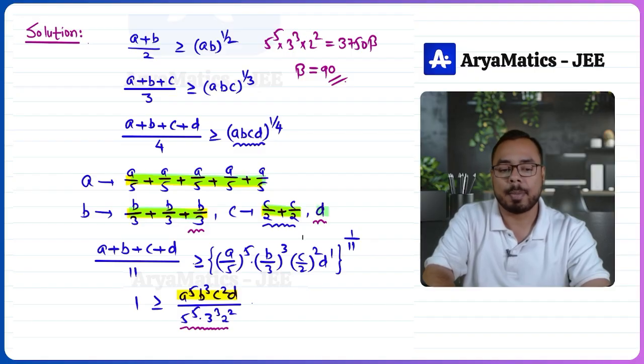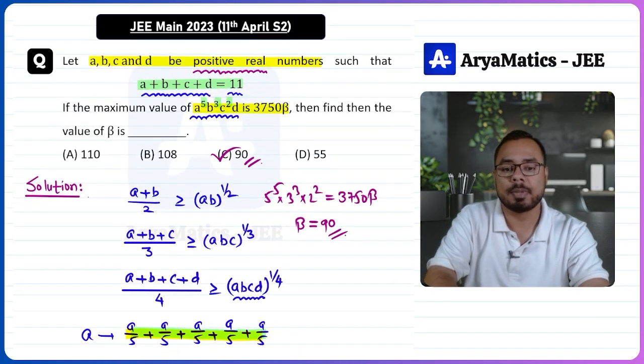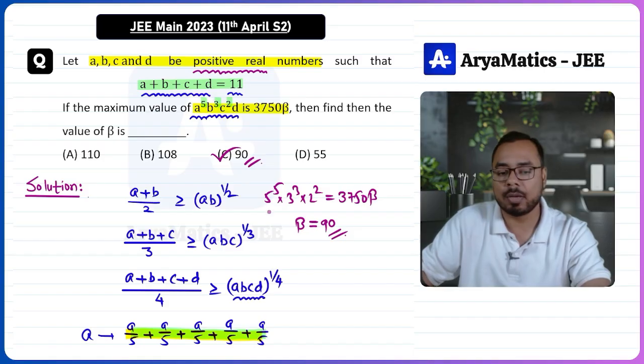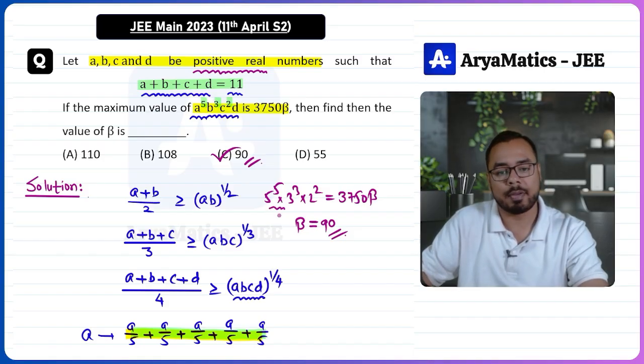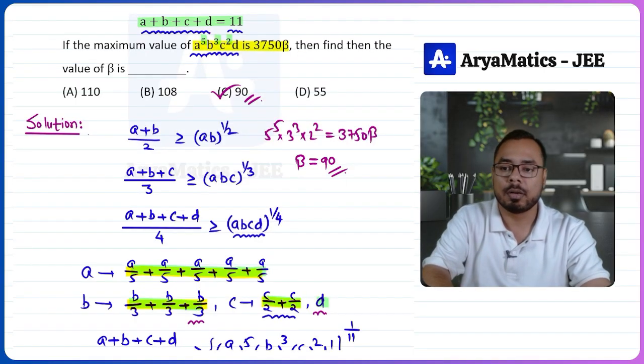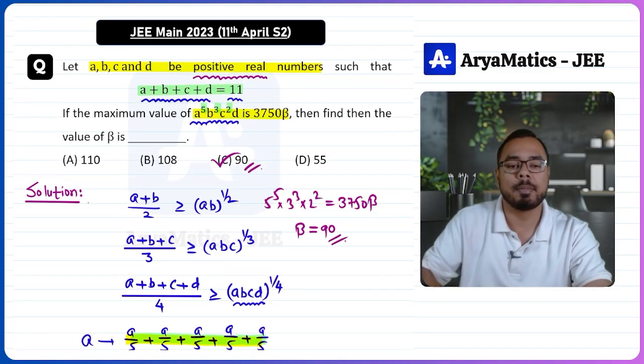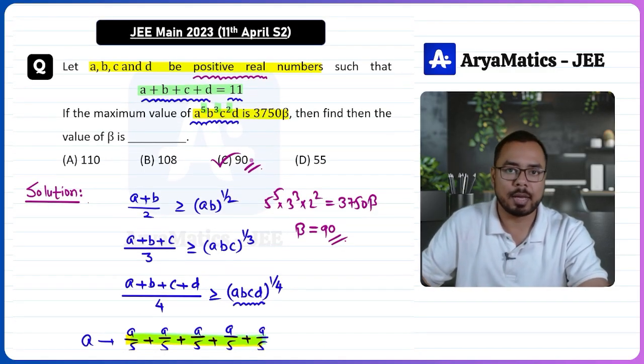Finally, the maximum value of the given expression was 5 raised to 5, 3 cube into 2 square, and if I equate this with the given expression, then we'll get beta as 90, and therefore the correct answer for this problem is option C.